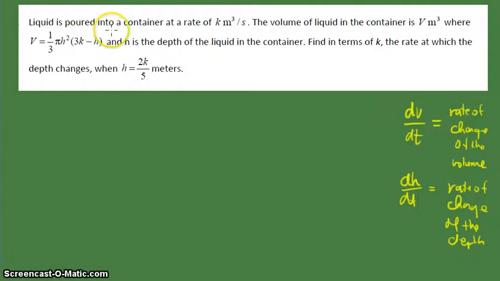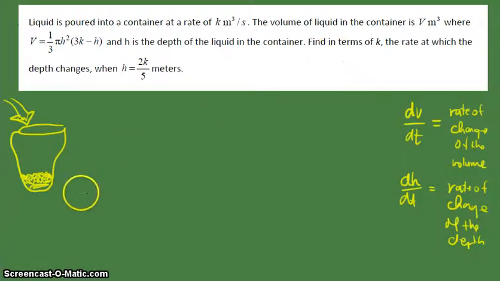Now let's picture what is happening in the problem. So we have a container. Let's just pick a random container. Let's have an irregular container. So what is happening is you're pouring some liquid inside the container, and when you do that, there will be an accumulation of liquid inside the container, and as you continue to pour the liquid in, the volume of the liquid inside the container increases.